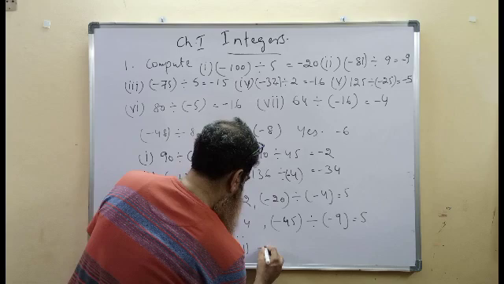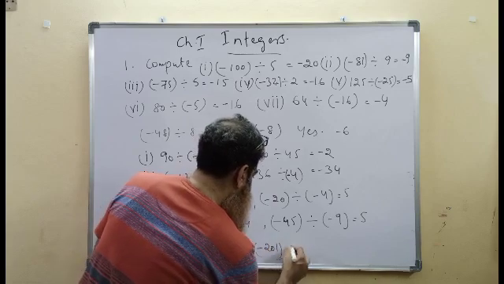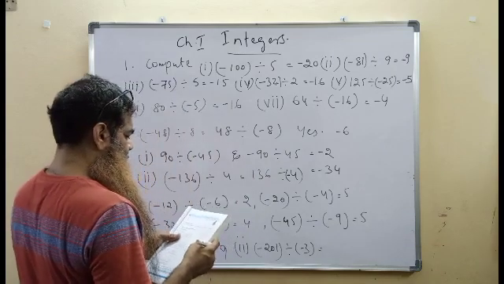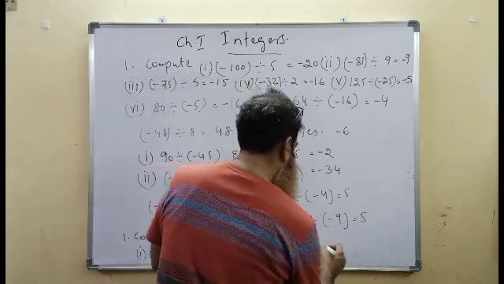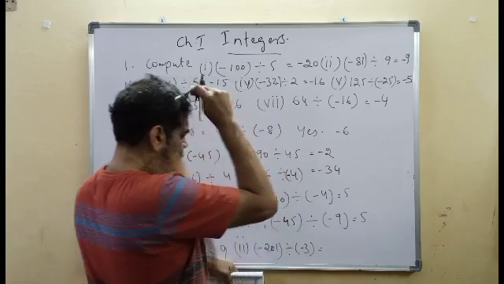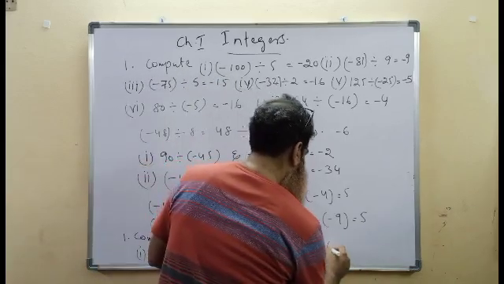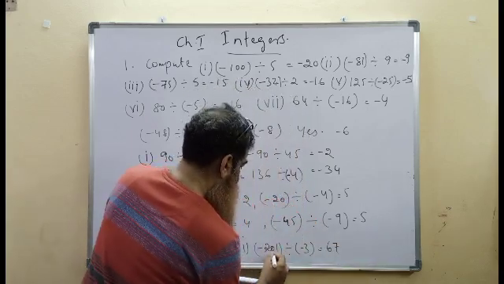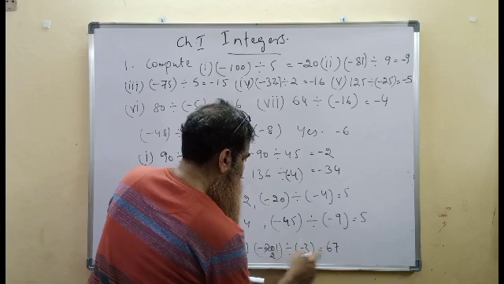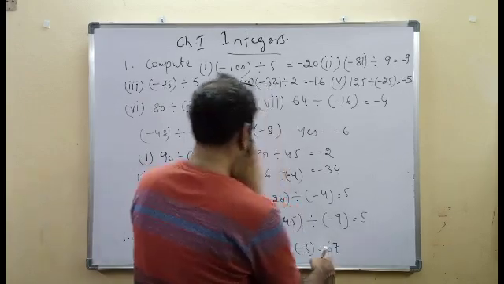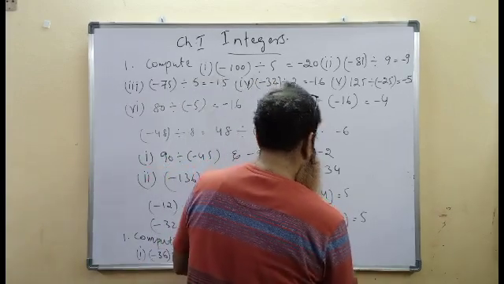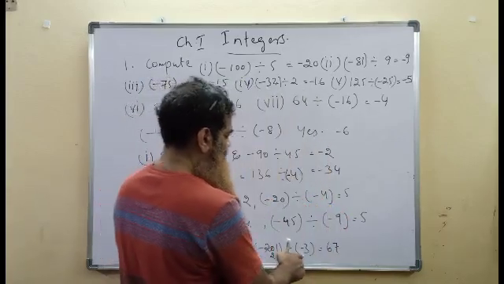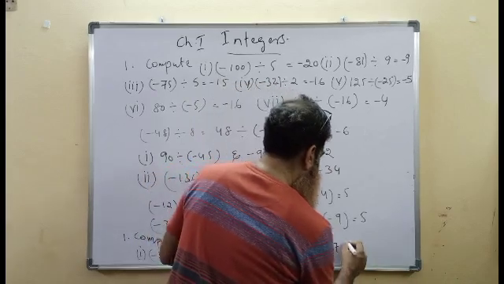Second one, minus 201 divided by minus 3. Minus into minus gives a positive integer. Three 6s are 18, 2 is left, three 7s are 21. We get 67 when 201 is divided by 3, so minus 201 divided by minus 3 is 67.